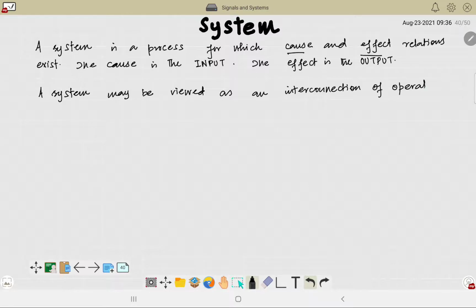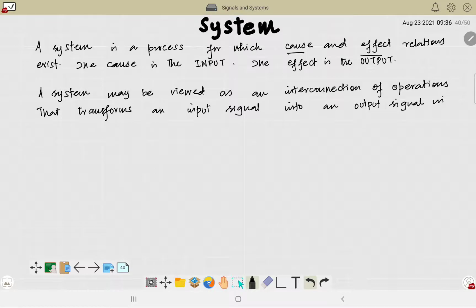So we'll say that it is an interconnection of operations that transforms an input signal, which is your cause, into an output signal, which is the effect, such that the properties, simply put, with different properties.